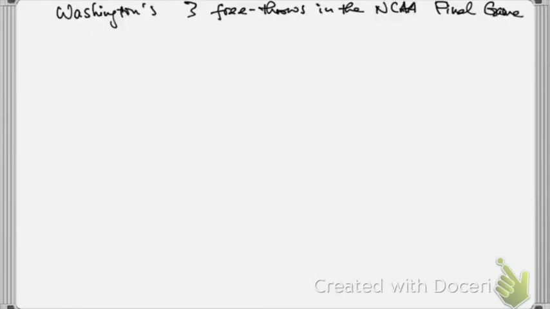So we should be somewhat familiar with this example now. This is about the free throws by Washington in one of the NCAA final games. He went to the free throw line for 3 possible shots. Let's see if we can map that out from a probability standpoint. Let's consider that an experiment comprised of 3 events.